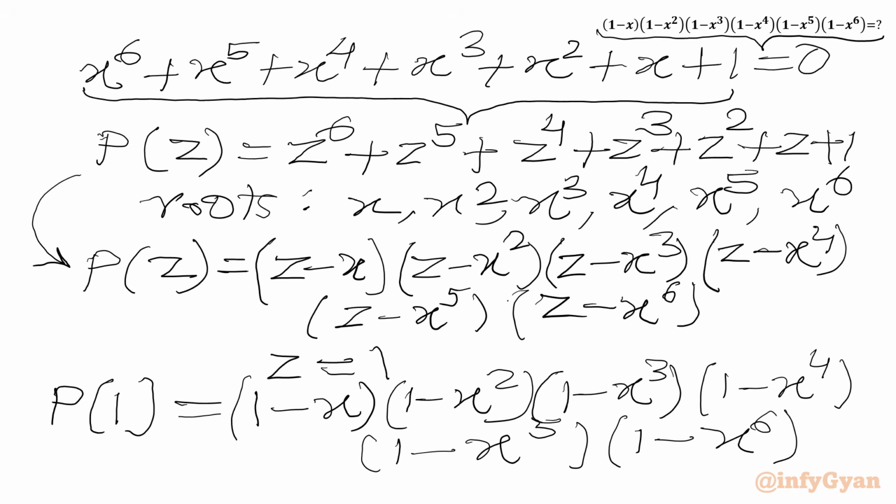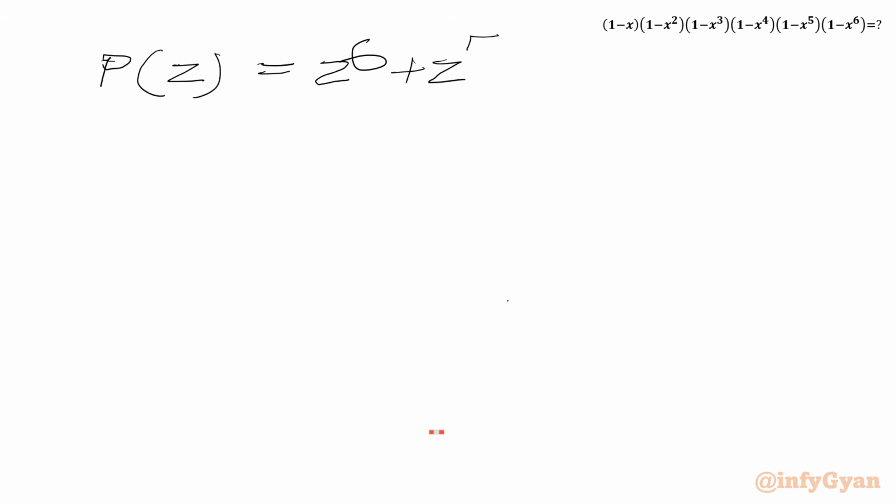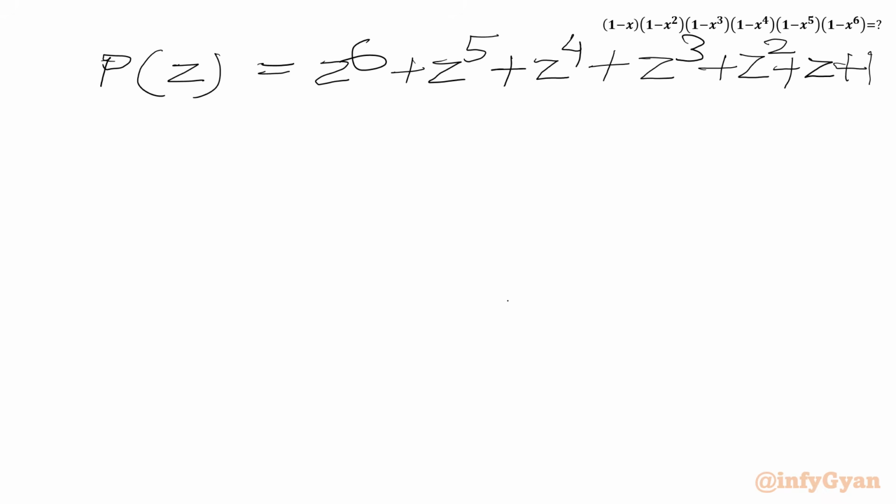Now we have to find P(1) to get our answer. So I will write here P(z). P(z) was z power 6 plus z power 5 plus z power 4 plus z cube plus z square plus z plus 1. Now we will put z equal to 1 to get the value of P(1), and this is nothing but our required expression.